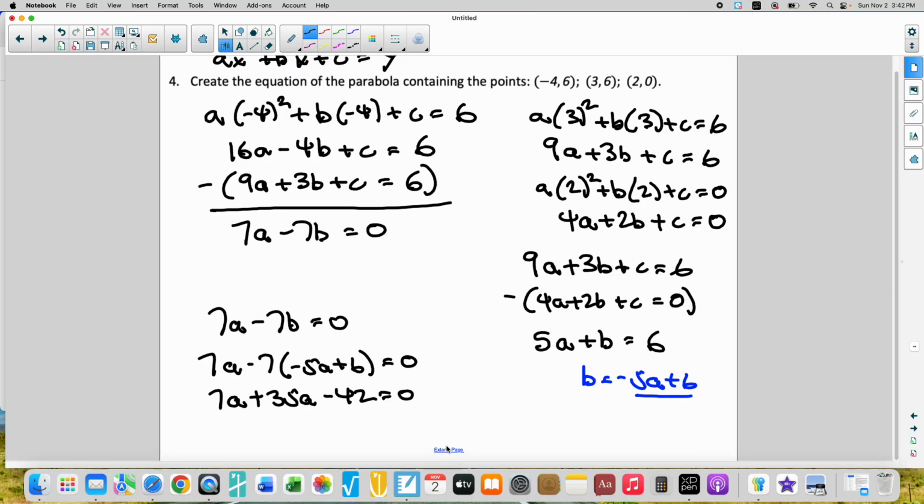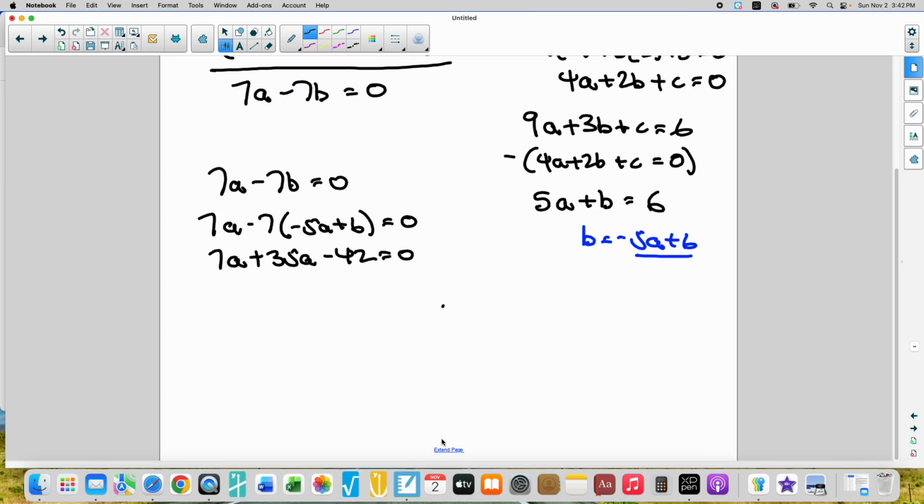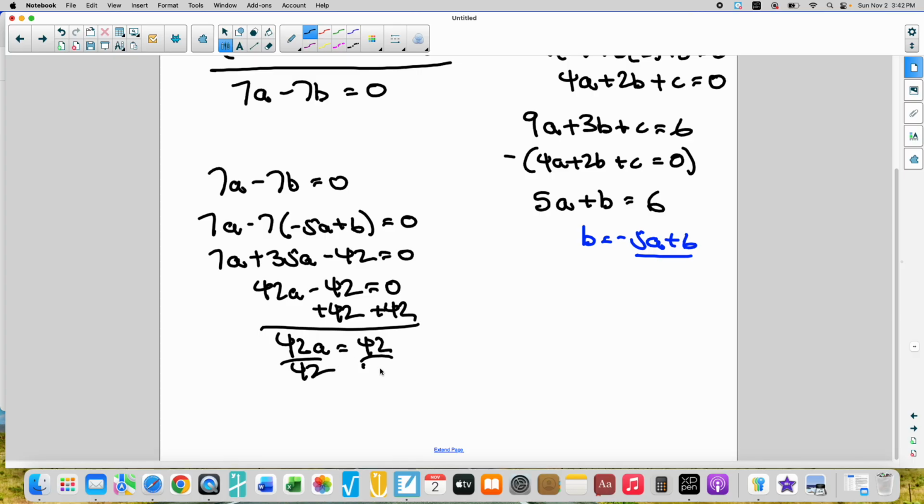And now we're left with one variable. 42a minus 42 equals 0. Add 42. 42a equals 42. Divide by 42. We get a equals 1. We can go back to this one. And now we see that a is 1.